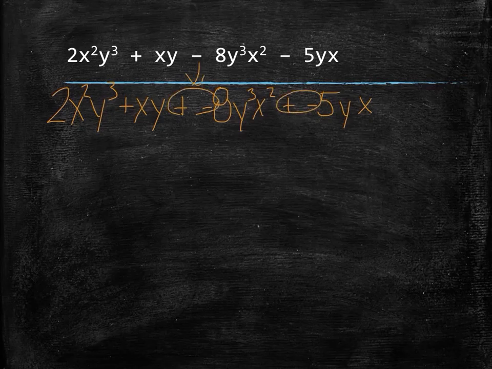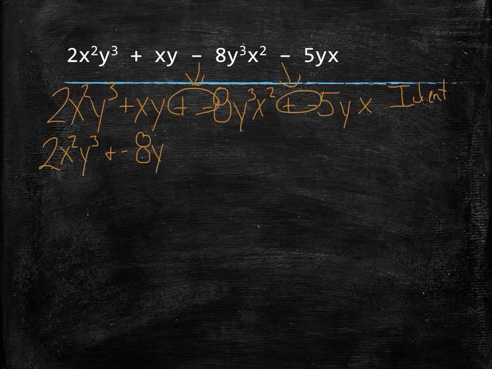Really all I did was I used the identity property here to add that plus, multiplying by positive 1. I did that so I can use the commutative property to do this. 2x squared y cubed plus negative 8 y cubed x squared plus xy plus negative 5yx. So I used the commutative property.